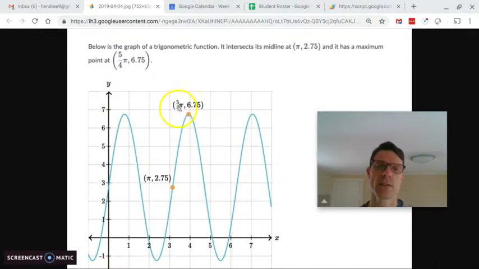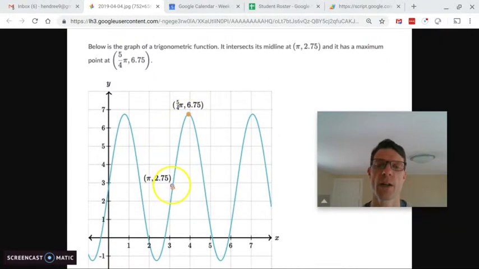So if I take the x values to get the horizontal distance and subtract them, 5/4 pi minus pi is just going to be 1/4 pi, right? Because this is 1 pi or 4/4. If I subtract 4/4 from 5/4, I just get 1/4 pi. So that's, like we said, 1/4 of our period.